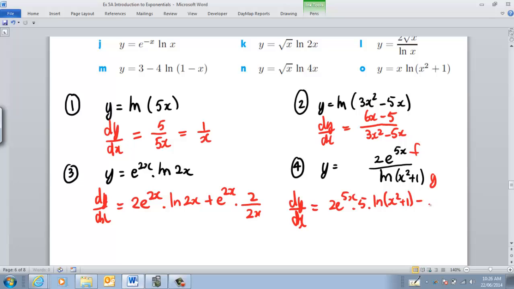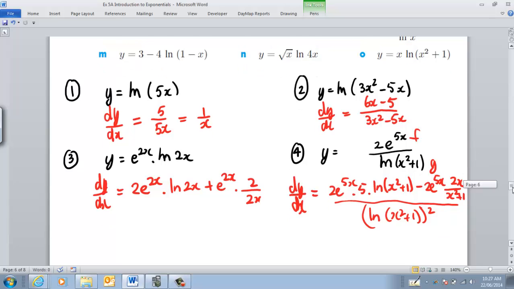And then we have to take away 2e to the 5x, and then we have to derive the ln, so that's going to be x squared plus 1 on the bottom line and 2x on the top line. Then that's all going to be over the g function, ln of x squared plus 1, squared. That's my derivative. So you just follow the rules step by step, and that gets you through what you have to do.